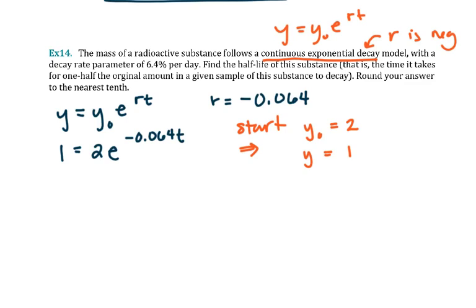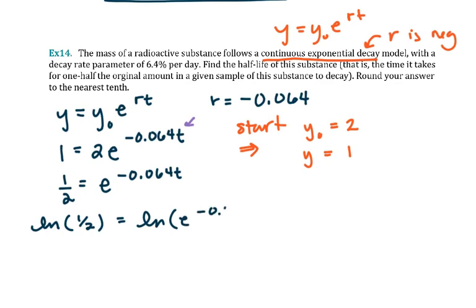And so we are looking for how long. If we're looking to find the half-life, that means we're solving for t. So isolating the t, I'm going to divide on both sides by 2. I have 1/2 equals e to the negative 0.064 t. To solve this exponential equation, I'll take the natural log of both sides.